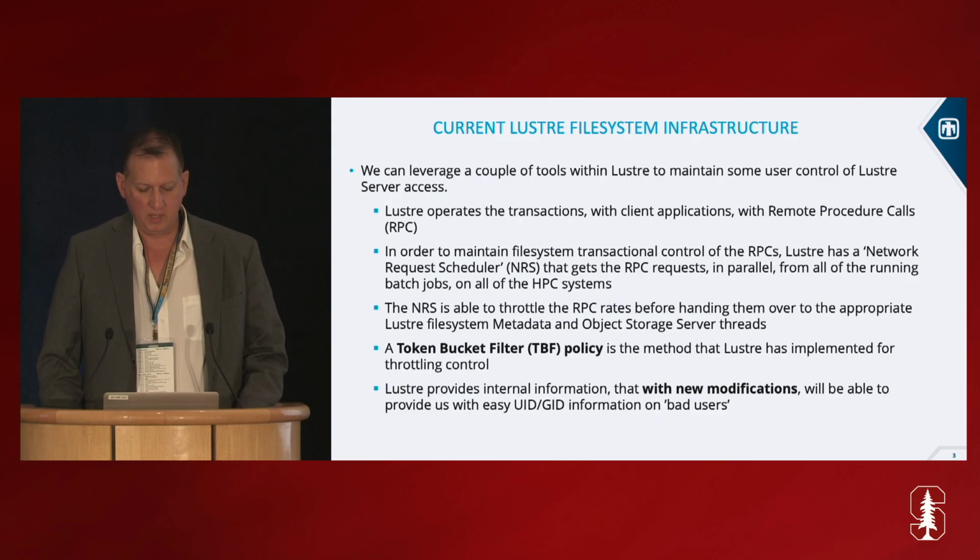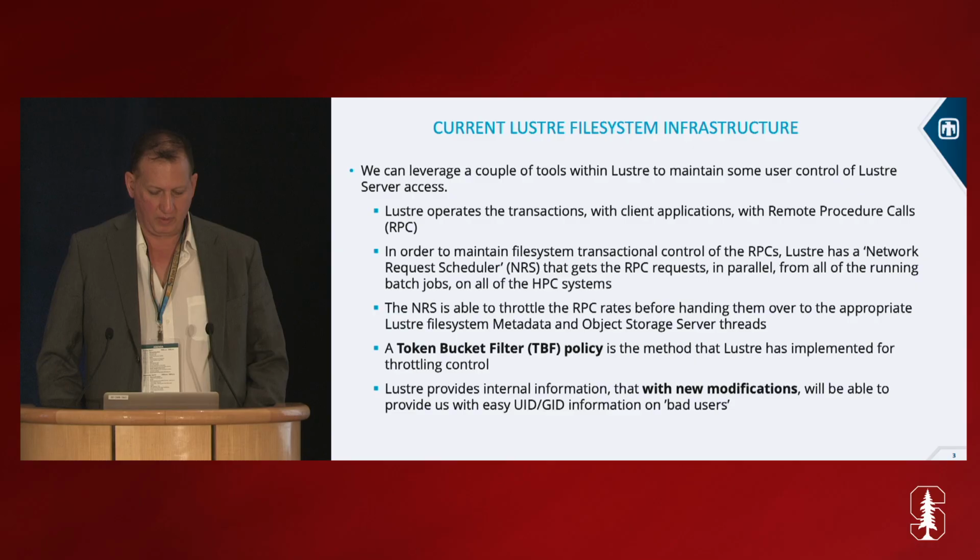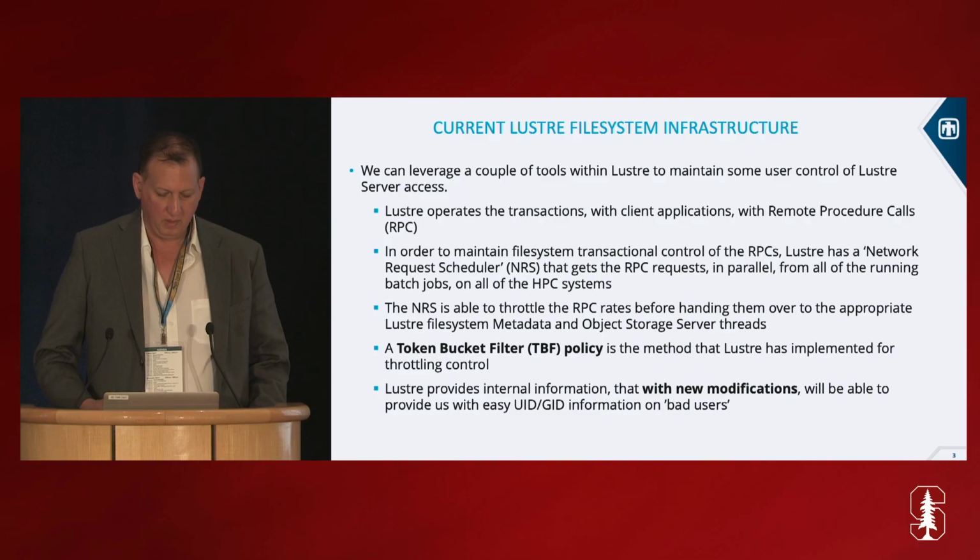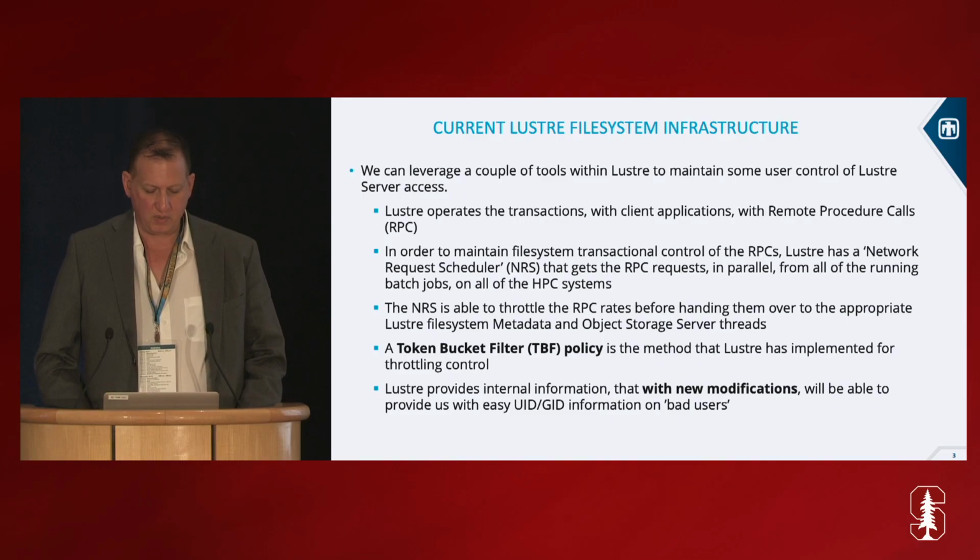Lustre has token bucket filters in there that control the transactions for the remote procedure calls. And what we did was we implemented the token bucket filters to control, again, the RPC rates going into the network request scheduler.